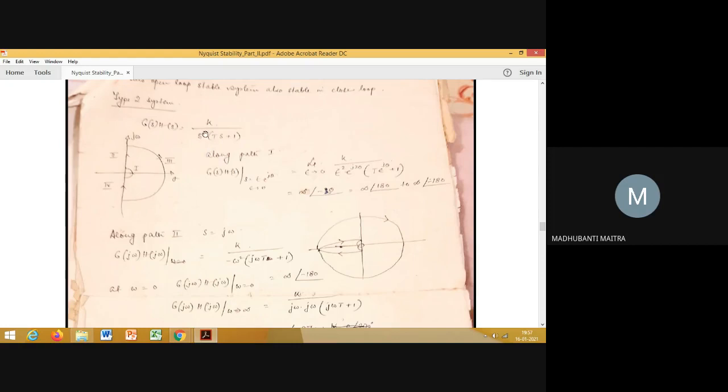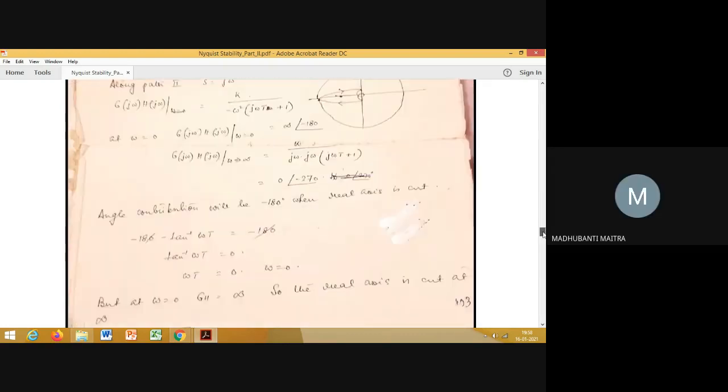Because of these two poles at the origin of the S plane, these two poles will always contribute a constant phase angle of minus 90 degree and minus 90 degree each, whatever be the frequency. At all frequencies, the phase angle contribution of these two poles will remain fixed, and that will be minus j into j in the denominator. That means minus 180 degree. Is it clear?